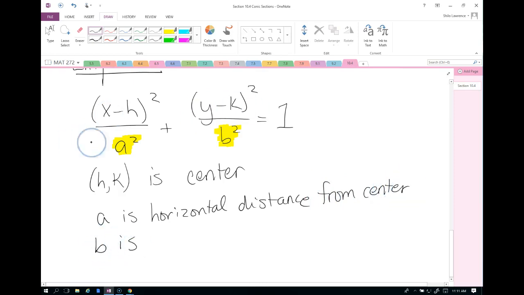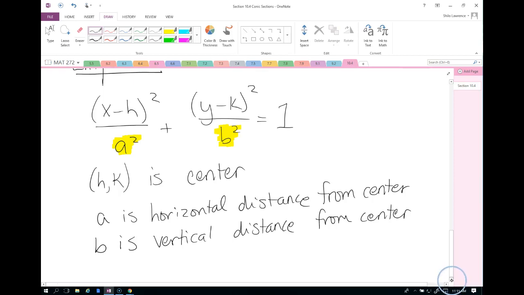And then that would make b my vertical distance from the center, because b is under the y. So those are the basics that we need to know about the equation for an ellipse.